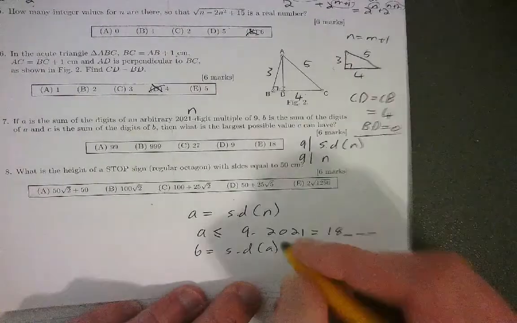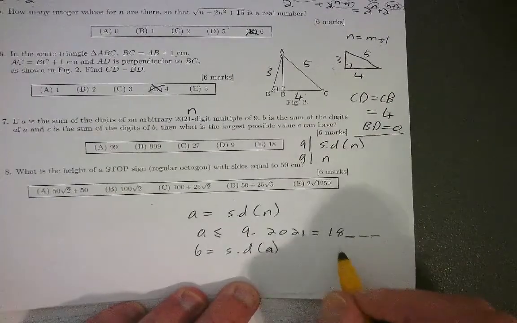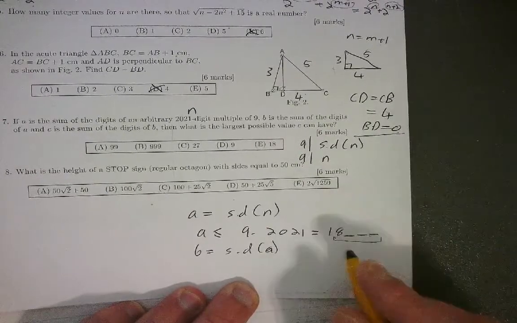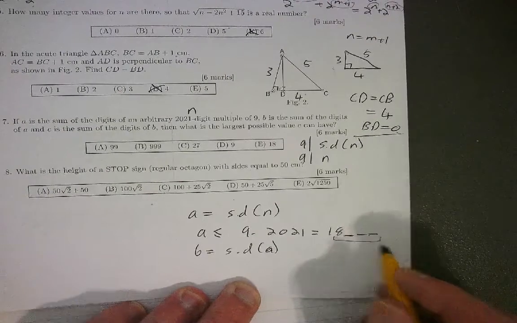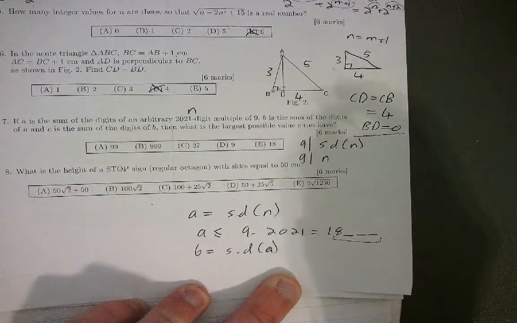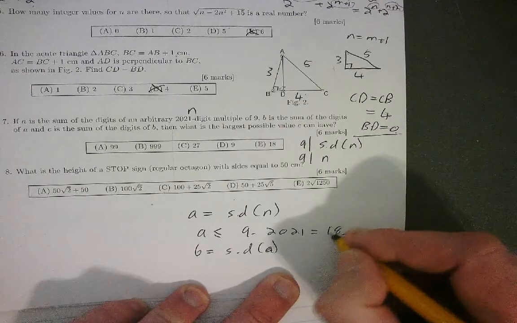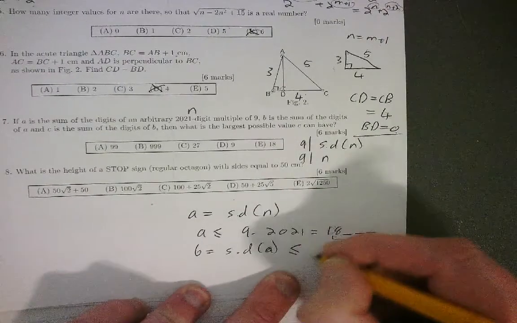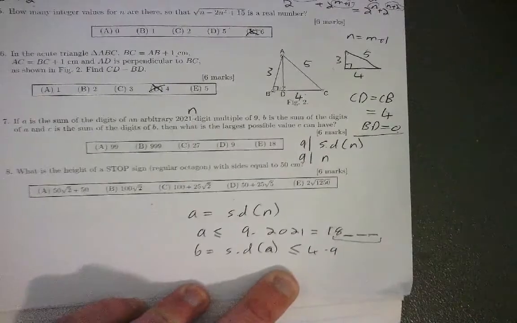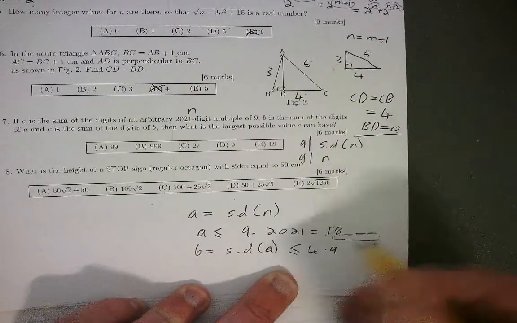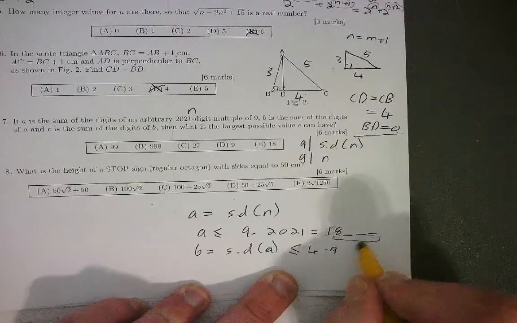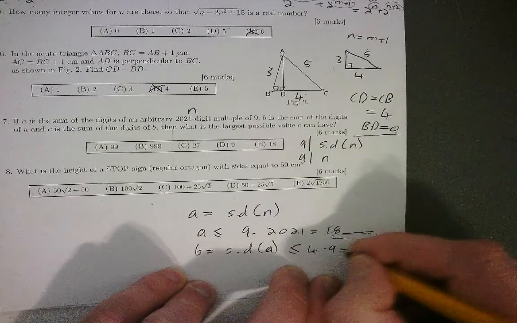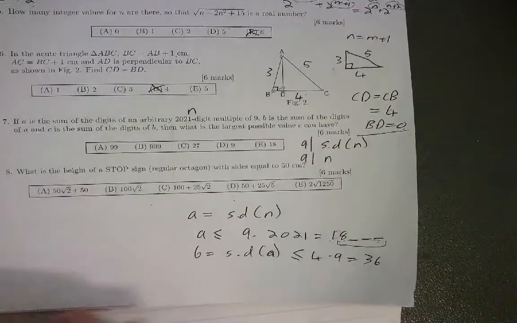Okay, and the largest this can be is when all 4 of these are 9, and this one is a 0, so that is 4 times 9, or when this is 18 and these are 3 9s, but that still gives 4 times 9, which is 36.